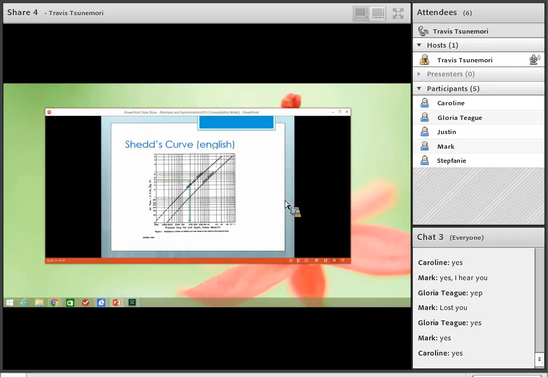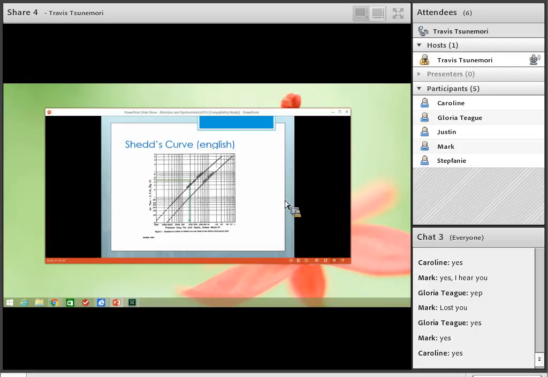And so we go across until we run into the line that represents the grain we're interested in, and then we drop down to the x-axis, and that'll tell us our pressure drop. So in this particular case, our pressure drop would be 0.002 inches of water per foot of grain.